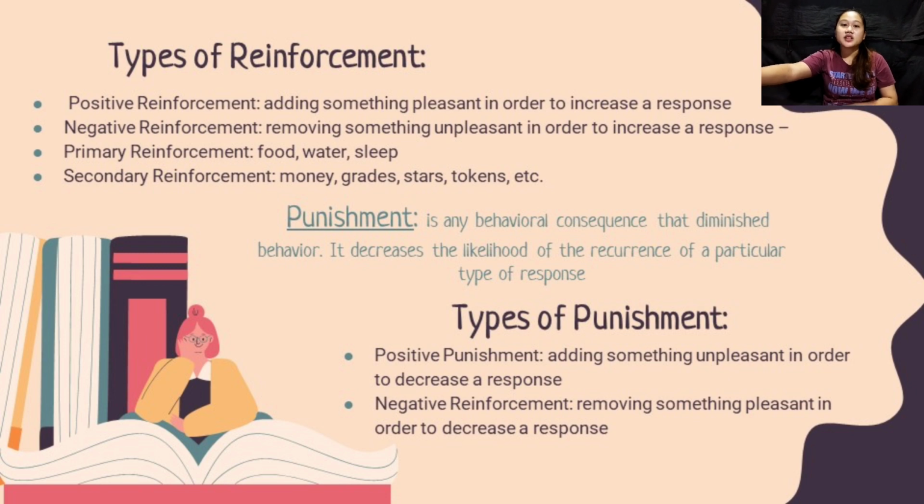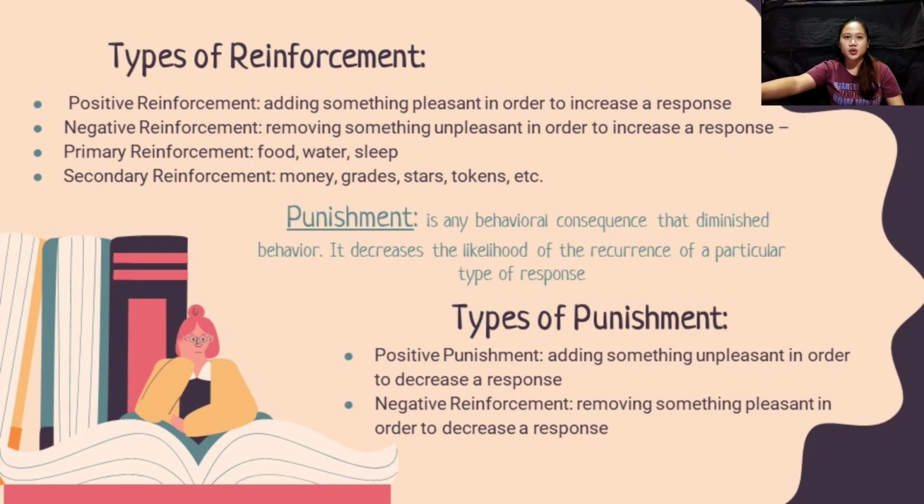So next is punishment. Punishment is any behavioral consequence that diminishes behavior. It decreases the likelihood of the recurrence of a particular type of response. Punishment has two types, positive punishment and negative punishment.